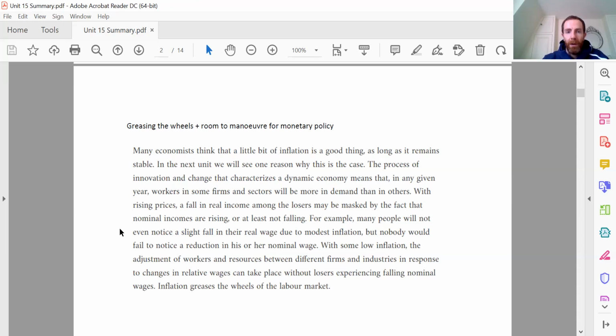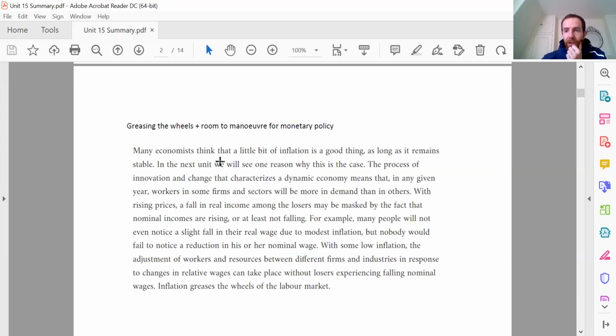Now, a second important aspect of why we might want low stable inflation is the room to maneuver for monetary policy. Central banks, who set the policy rate or the base interest rate, will want there to be some inflation, so that will allow them to move the real interest rate properly.